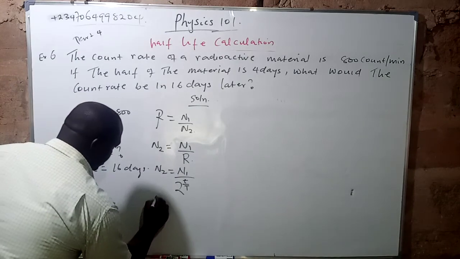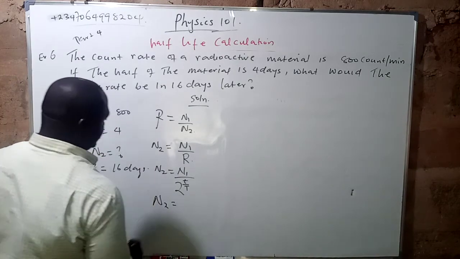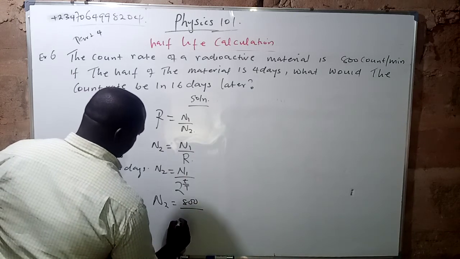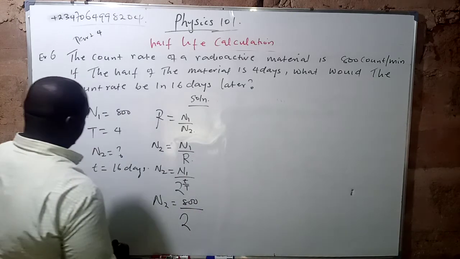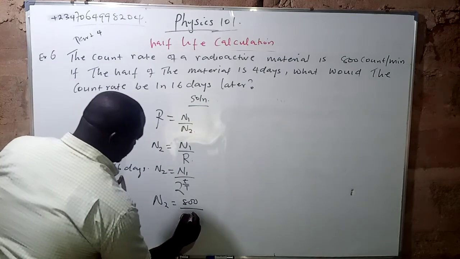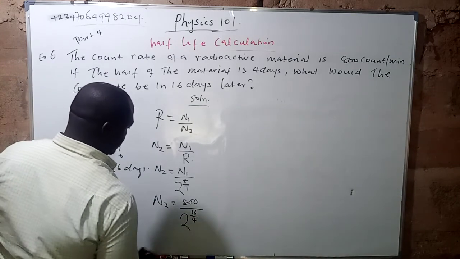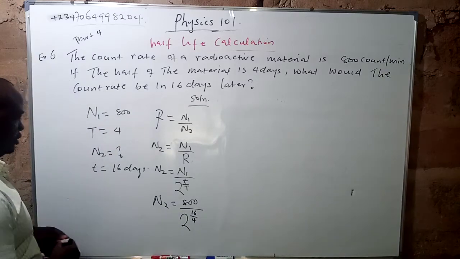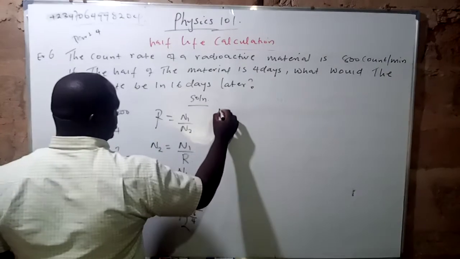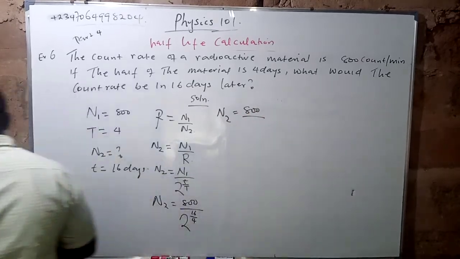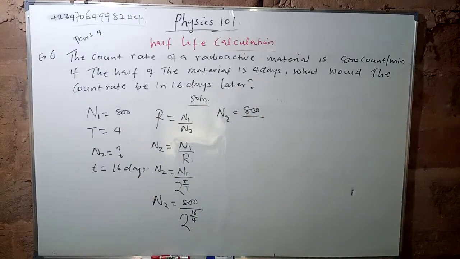So from here, your N2 is, what's your N1? 800 all over 2 raised to the power of 16 all over 4. 16 divided by 4 should give you 4.